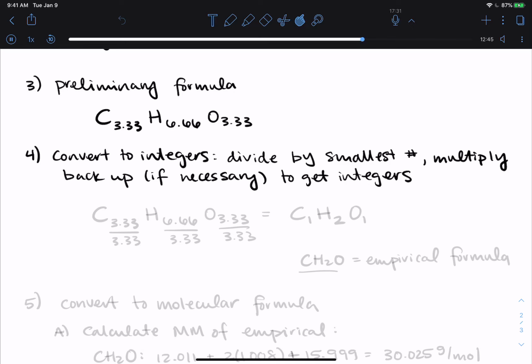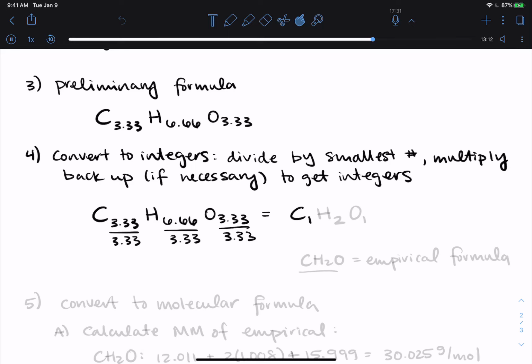Okay, so my preliminary formula is C3.33, H6.66, O3.33. The smallest number is 3.33. So if I divide each one of these by 3.33, I get carbon with a subscript of 1, which you don't have to explicitly write.